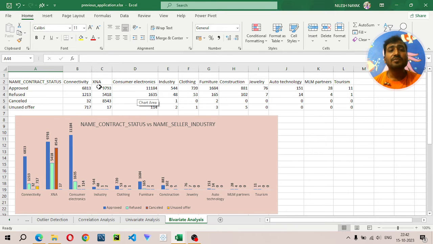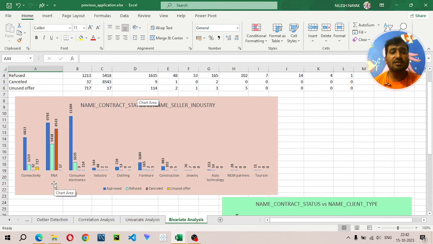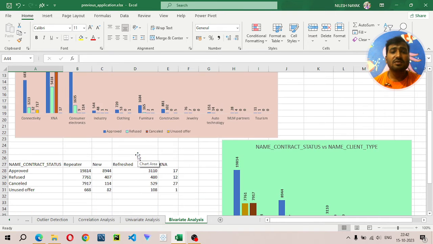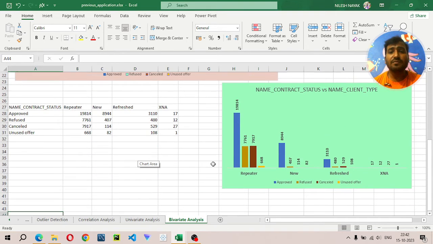Here we can see that the consumer electronics business has more approved loans, and for the repeater client type, the repeaters' loans have been approved frequently.